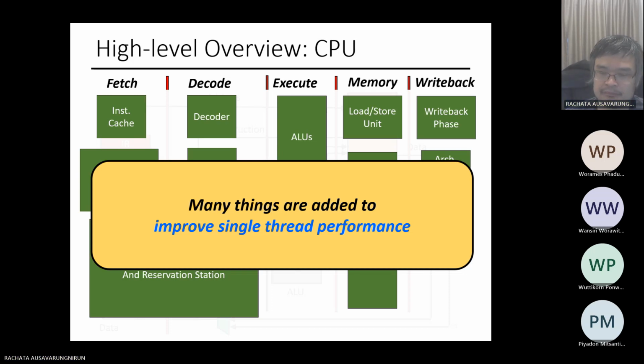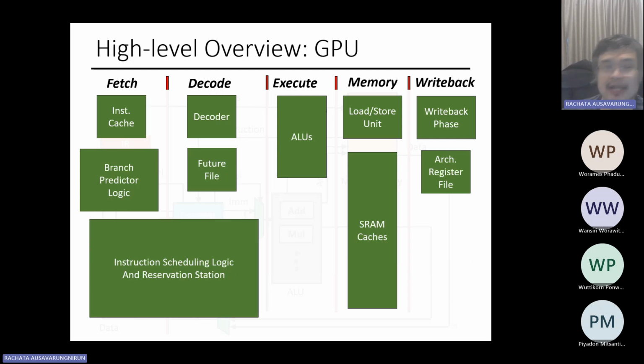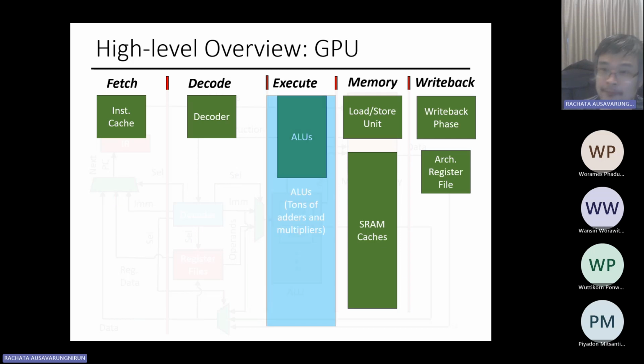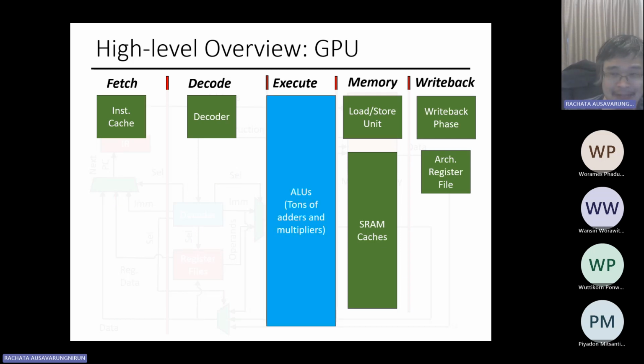Now, let's look at how a GPU designs things. For a GPU, the idea is to take away a bunch of these things to make room for a lot of area. So add a lot of adders and multipliers. These are floating point units, typically the units added to support graphics applications in a traditional sense, and now AI, machine learning, and scientific applications.